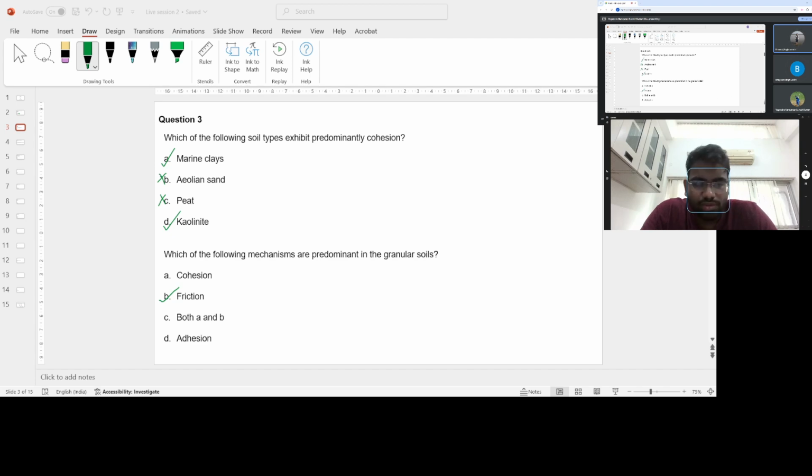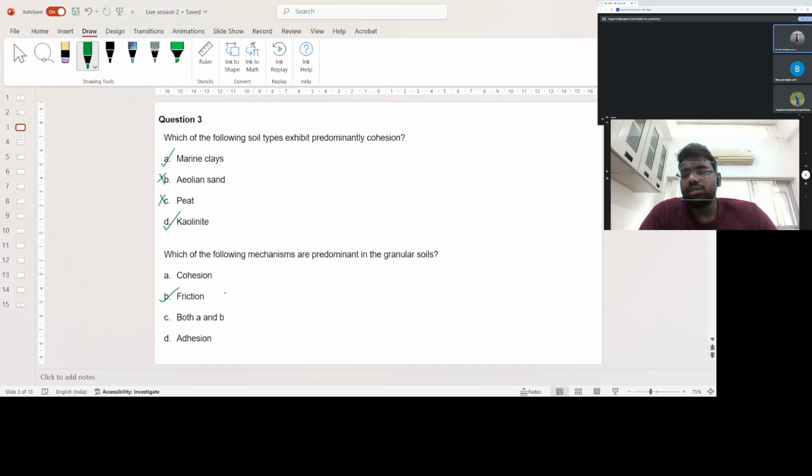As you mentioned, cohesion and adhesion are attractive forces. But the major difference is that cohesion occurs between two similar components. If you take two grains and there is an attractive force between them, it is known as cohesion. Adhesion is the attractive force between two different types of components.